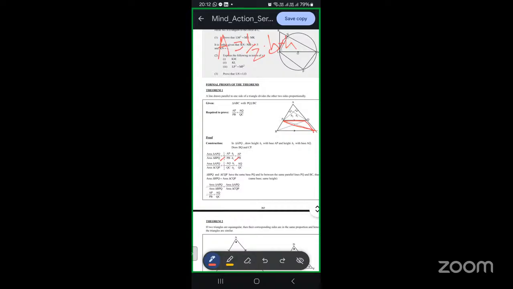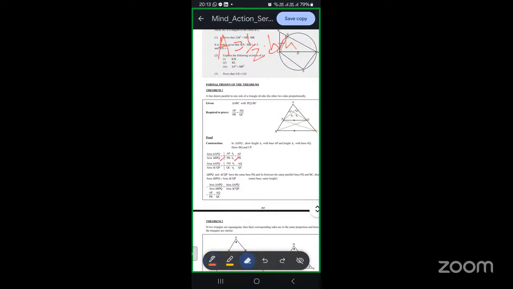It has the same perpendicular height as the first one, because it's perpendicular to the base there. The base is going to be QC times the perpendicular height, H2.